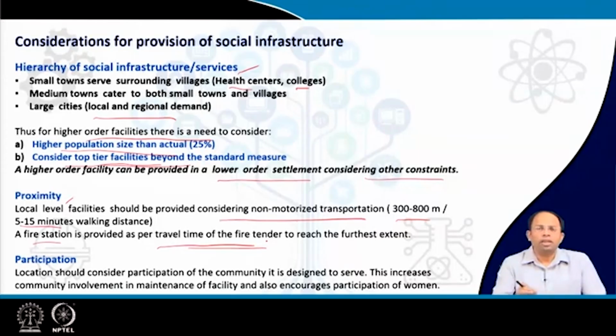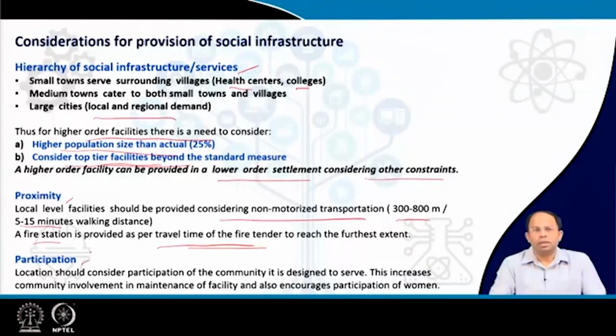We assume that a fire happens at the furthest extent of the area it serves, and ask how much time it will take to travel there. If it is beyond a certain threshold, the distance has to be reduced. That means you have to have more fire stations.